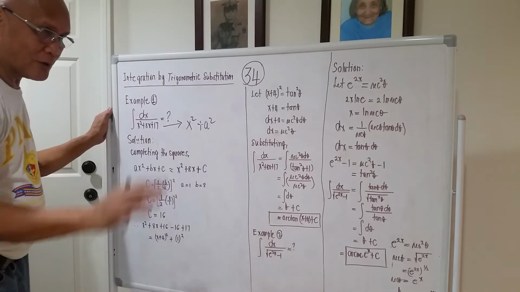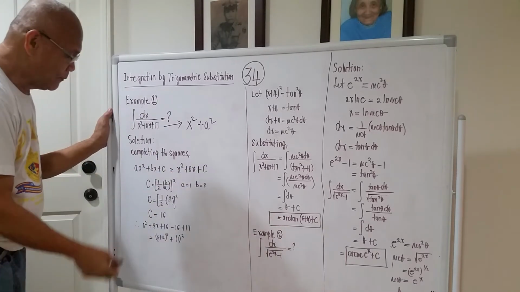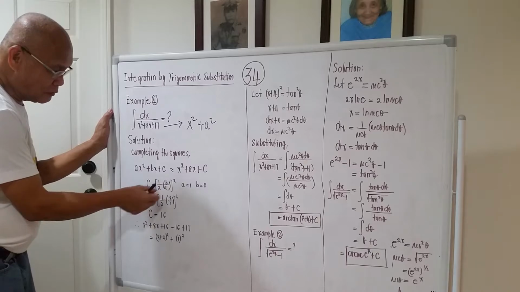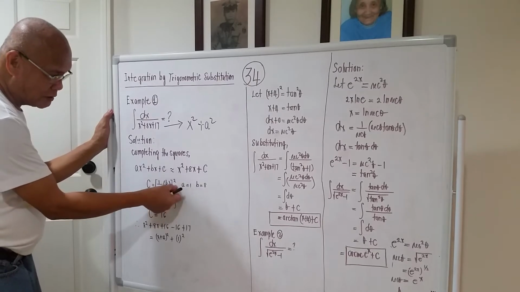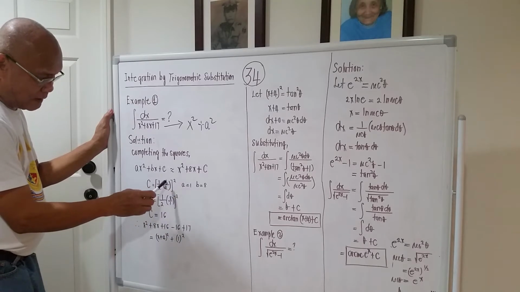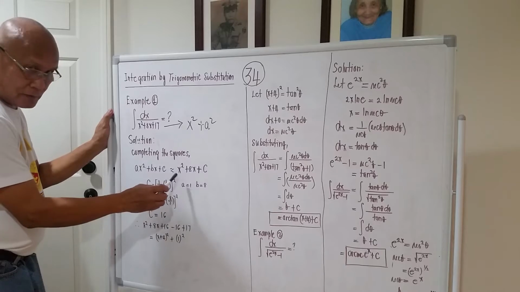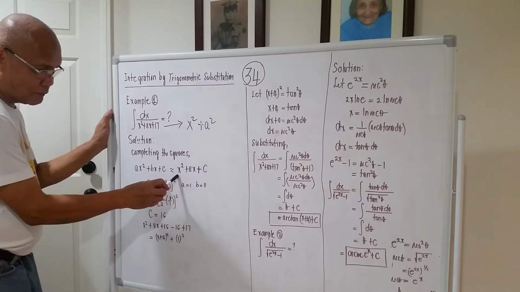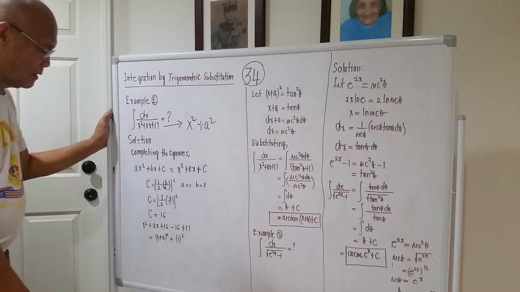But we could find the value of c, because from algebra, the value of c is 1/2 of b over a, quantity squared. If you know the value of b and a, take 1/2 of that, then square it, that will be the value of c. That's from algebra, right?